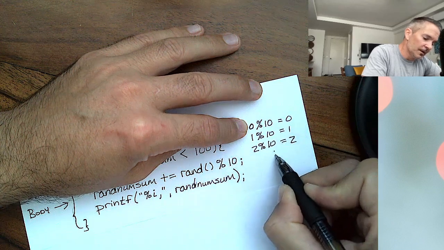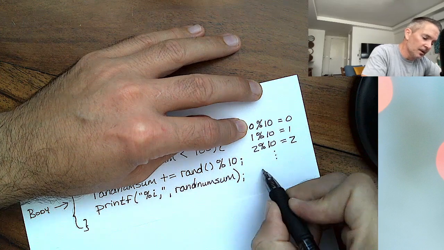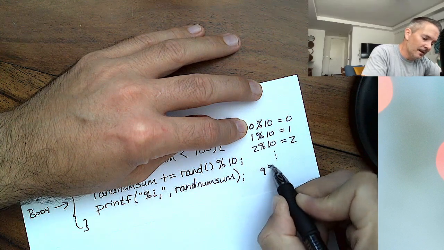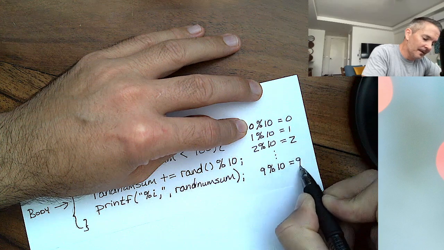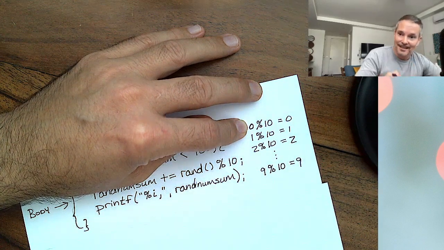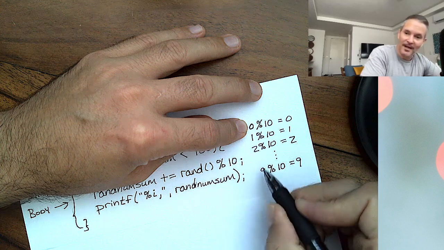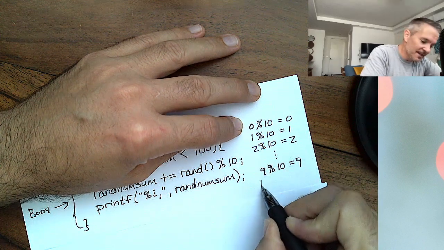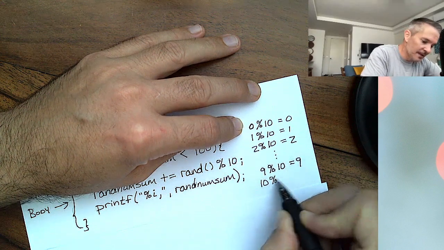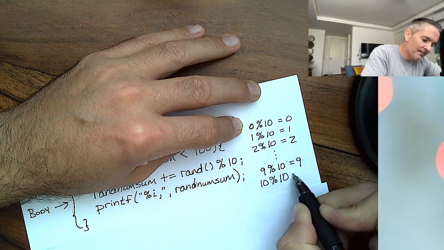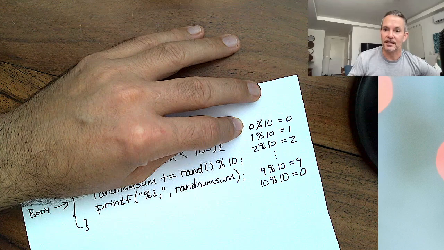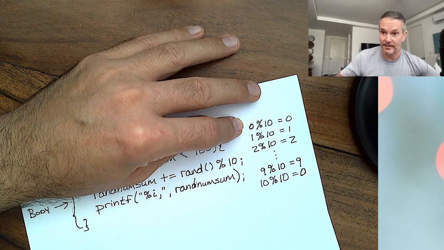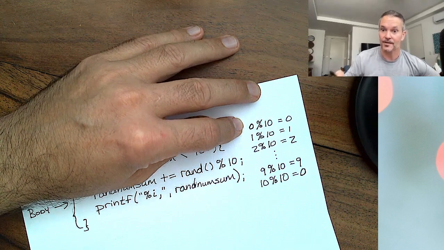We can continue this all the way until we get to 9 modulo 10 equals 9. And then on the next step of my series, if I say 10 modulo by 10, I'm back to 0. 10 goes evenly into 10, so the remainder is 0.